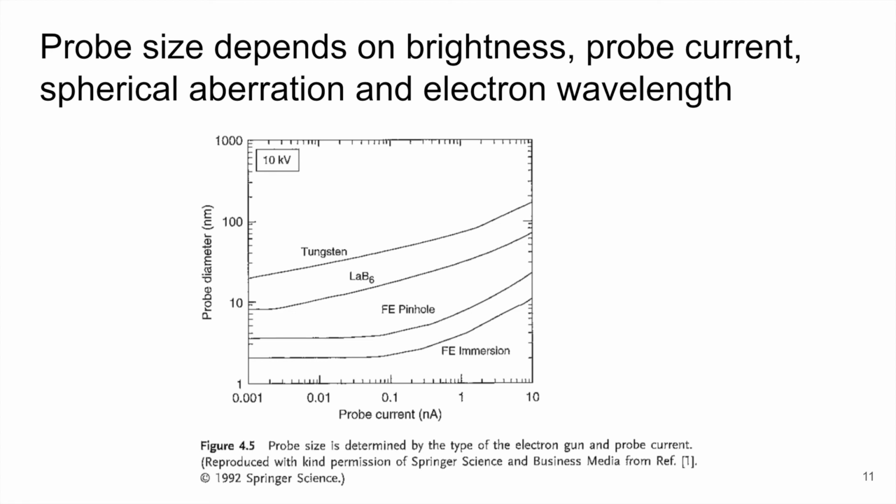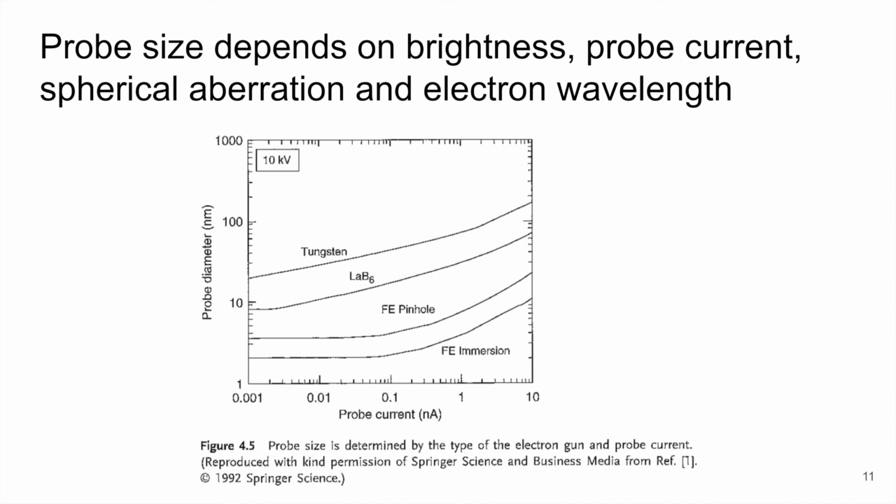And so that can also achieve that as well. But again, we can also decrease the wavelength. So that came out of the second equation. So if we want to increase the resolution, we can decrease the wavelength of the electrons, and obviously decrease spherical aberration, which was that Cs term as well.